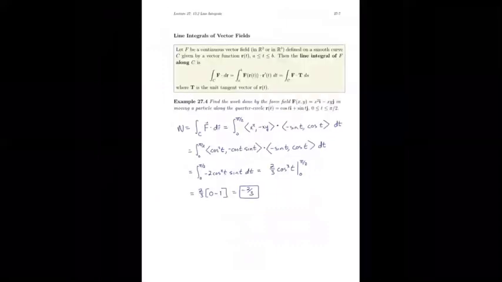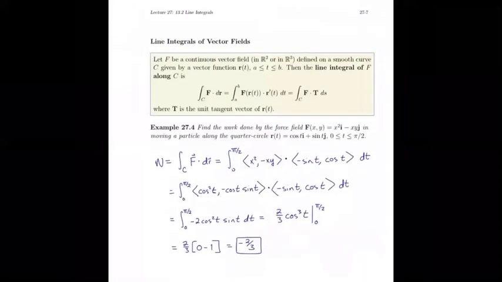So for a space curve C, and let's see, line integrals of vector fields. Now we can consider a line integral taking place in a vector field. So these functions f have been somewhat component oriented, but now we can look at it directly as a vector function.